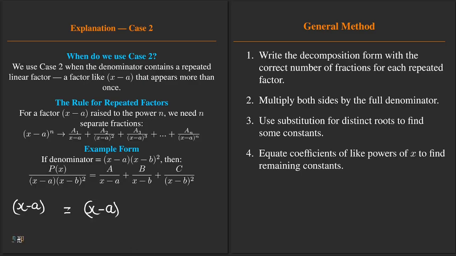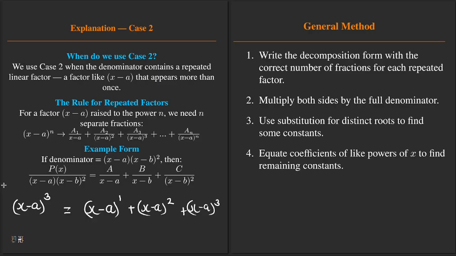If we had to the power 2, then it should first of all include to the power 1 and then also x minus a to the power 2. If it is to the power 3, then it should include to the power 1, to the power 2, and also x minus a to the power 3. That is what happens.